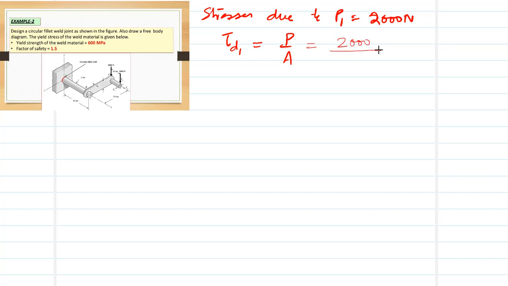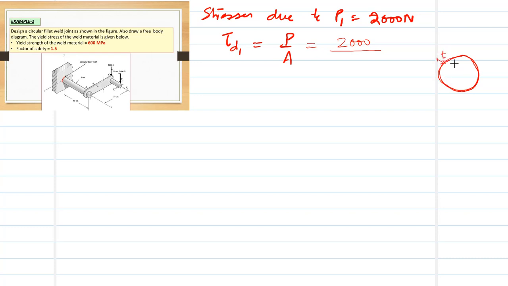and the area is the area of the fillet circular weld, and we have to take the base area. So the area of the weld is the outer surface area of the rod or the beam, which is pi d, the circumference, into the throat of the weld.